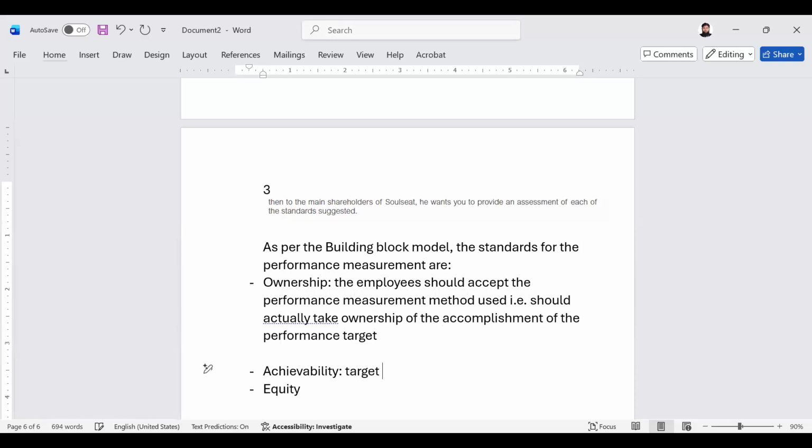Achievability is that the target set should be realistic, that is, it should not be over-optimistic.